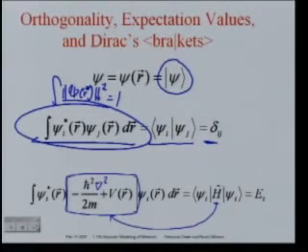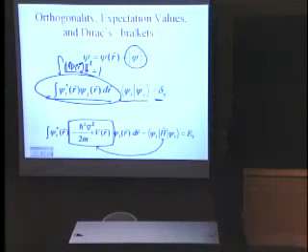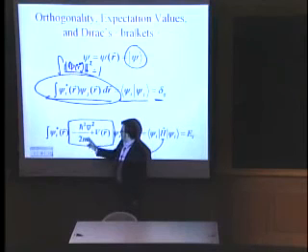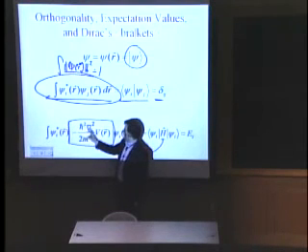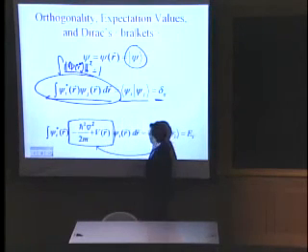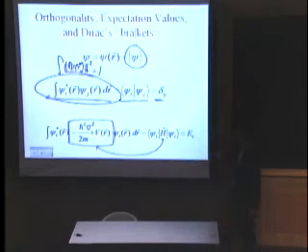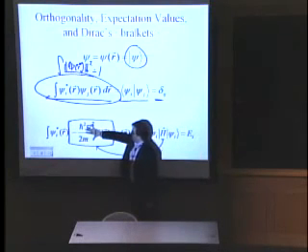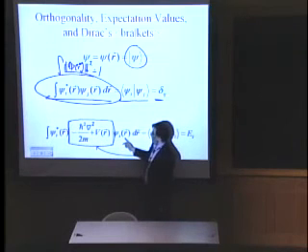The Hamiltonian operator is nothing else than what we have seen in the Schrödinger equation. It is minus h bar squared divided by 2m times the Laplacian plus the potential. So if you want to calculate the energy of this electron, what you need to do is to apply the energy operator, that is the Hamiltonian, to the wave function.